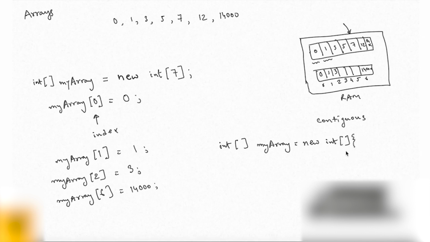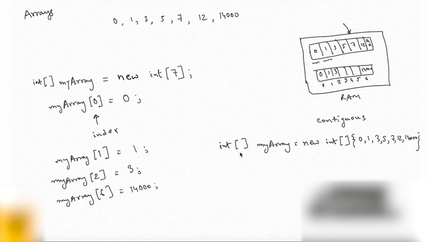Instead, we would have the curly brackets that open up, and we can then just assign the values right there. This would create an array that already has all these values in it to begin with. And that is how we define an array with elements that are already in there.